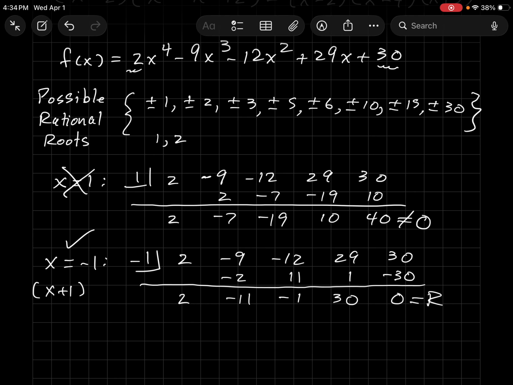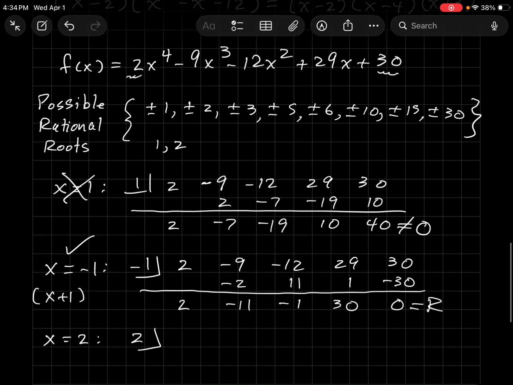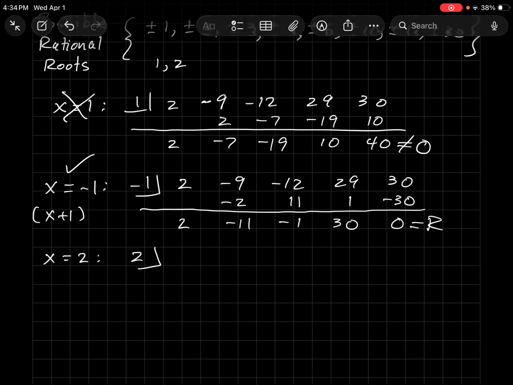Let's try the next one. What about x equals 2? Watch what we do here. I could go back and use my original polynomial, but why? I already have it simplified. I already know that x plus 1 is a factor, which is going to leave me 2x cubed, right?